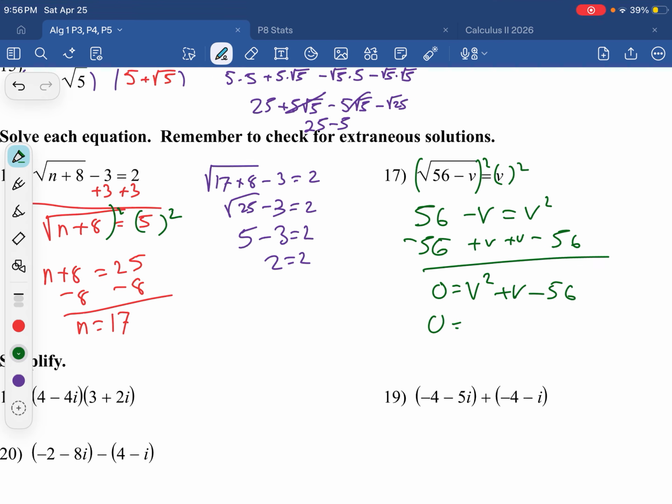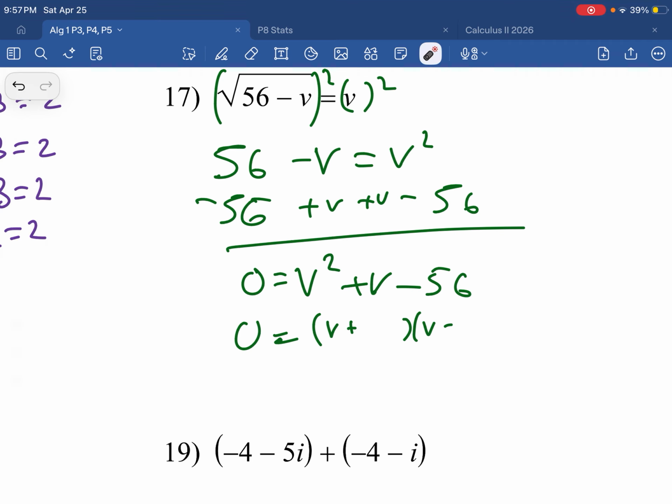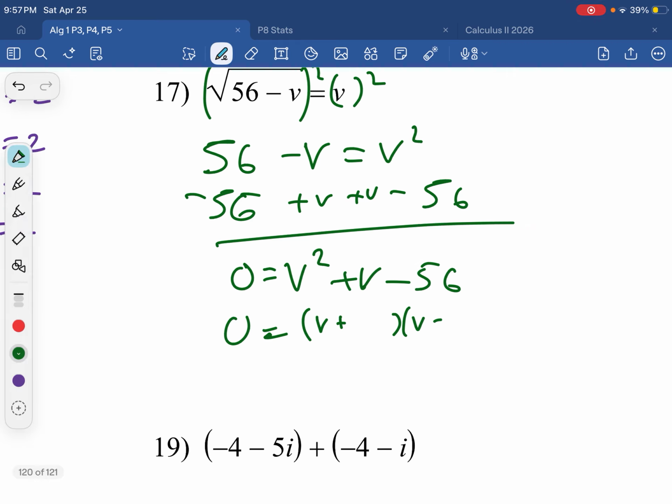At this point, if you have a quadratic that's set equal to 0, if you can, try to factor: v plus and v minus. The only way to get two numbers that multiply to negative 56 that have a sum of the 1 here is if one of them is positive, the other one's negative. So it's going to be plus 8 minus 7.